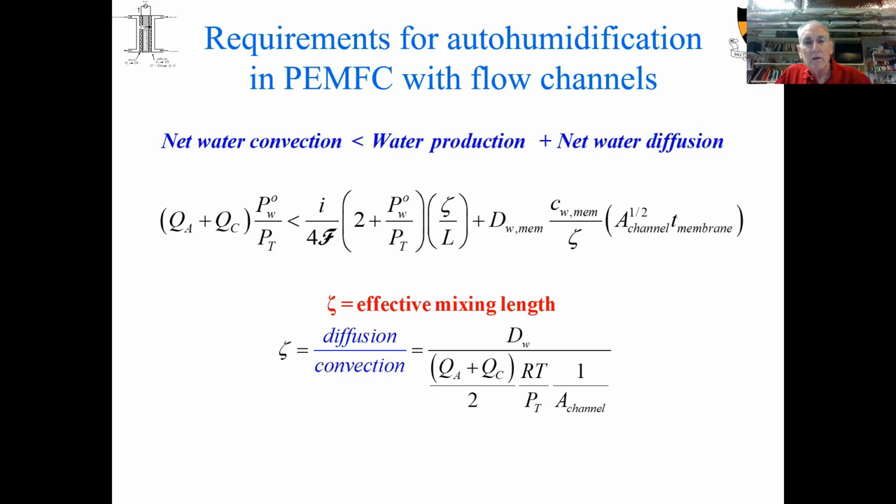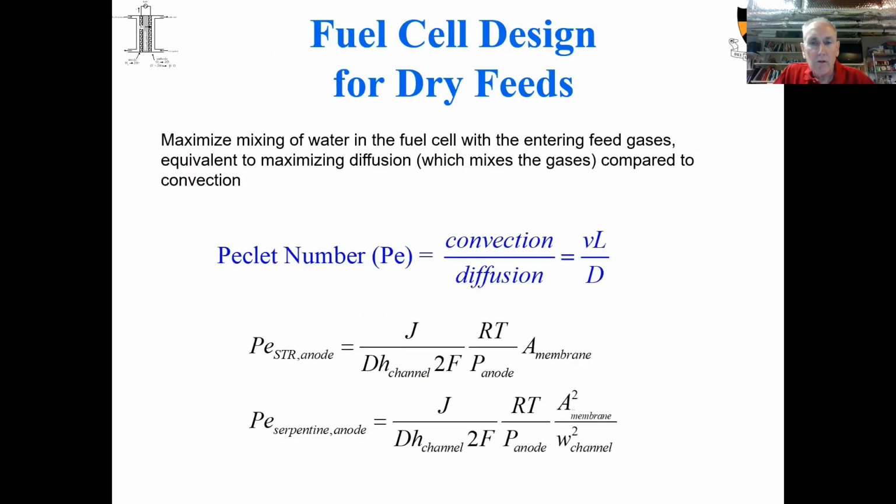This effective length defines a Peclet number, which is the ratio of the convective flow through the channel divided by diffusion. And so we can find what the Peclet numbers are for our stirred tank or differential reactor design versus the serpentine design.